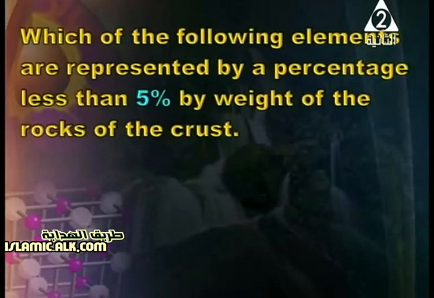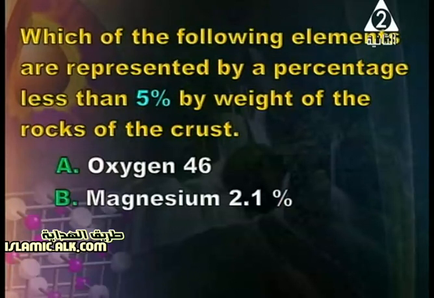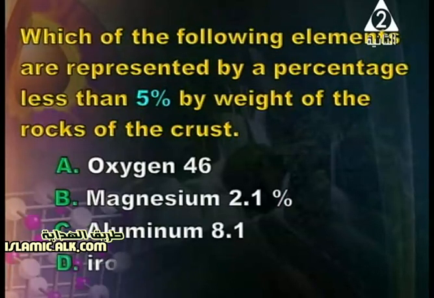Also, we have a similar question: which of the following elements are represented by a percentage less than 5% by weight of the rocks of the crust? Is it oxygen, magnesium, aluminum, or iron oxides?